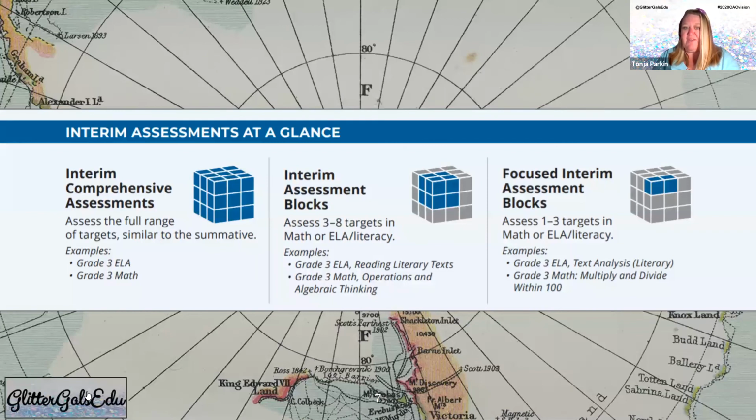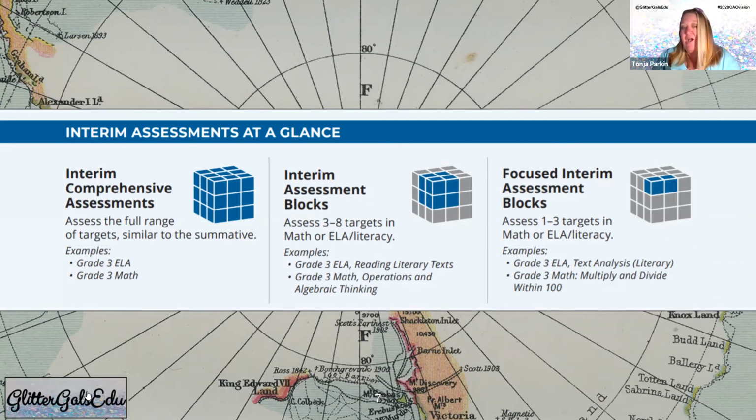And if you've ever given an IAB previously, it was super frustrating because we wanted to give the IAB because maybe we had taught a portion of the standards in the OA domain, for example. And so we wanted to give that IAB. And some of us opted to tell kids, okay, I don't expect you to know the answer to questions 1, 4, 7, and 9. Just do the best you can. But all the other ones I'm going to count, I'm going to look at their scores.